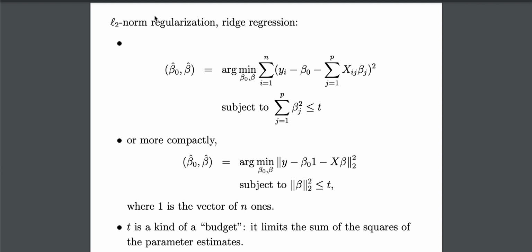This is called L2 norm regularization. Why L2? Because this is the L2 norm squared of the vector beta. This is a hypersphere, and we are saying that the beta j's cannot be very far from 0.